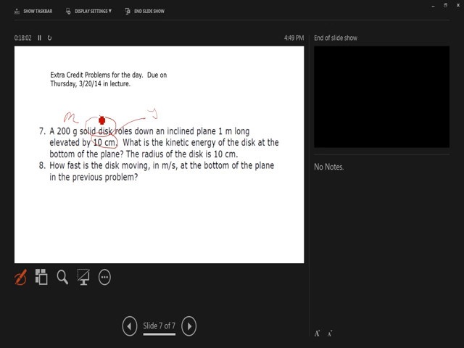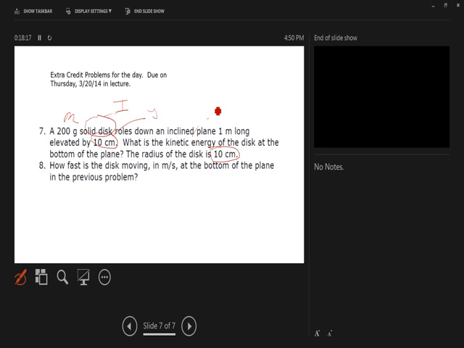And we're told it's a solid disk, so that's going to allow you to determine what is the moment of inertia. Go to the table and look it up. And we want to know what's the kinetic energy of the disk at the bottom of the plane, first of all, and here's the radius.